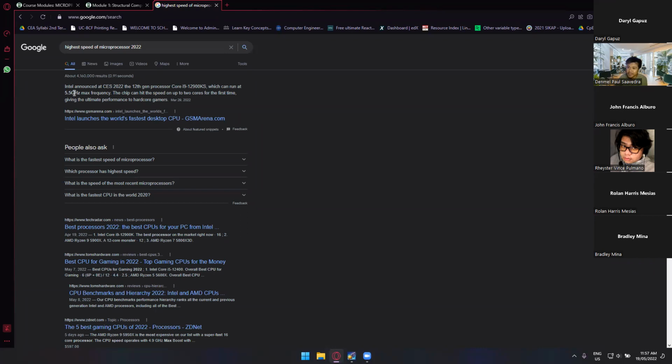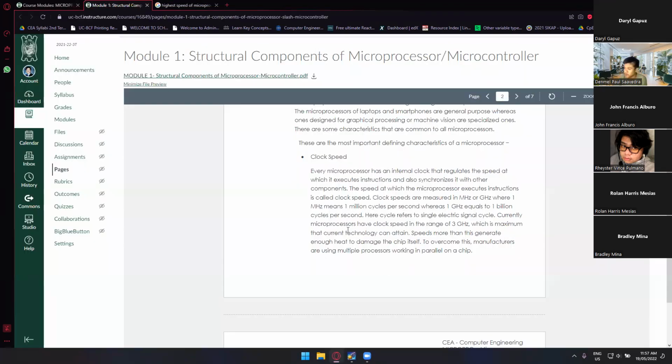We have a new one, the Core i9 12900KS. This is my first time hearing this one. It can run at a maximum speed of 5.5 gigahertz. Compared to what we have in this module, which is only up to 3 gigahertz and says that is the maximum the current technology can attain, this is already outdated. Maybe this was written 3, 4, or 5 years ago.